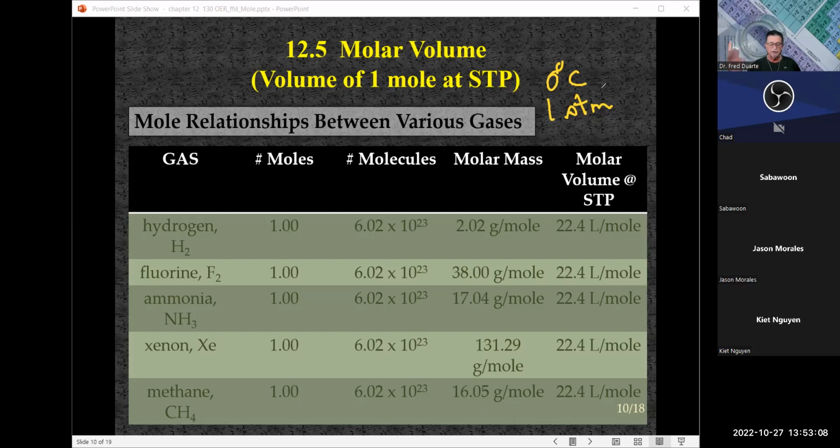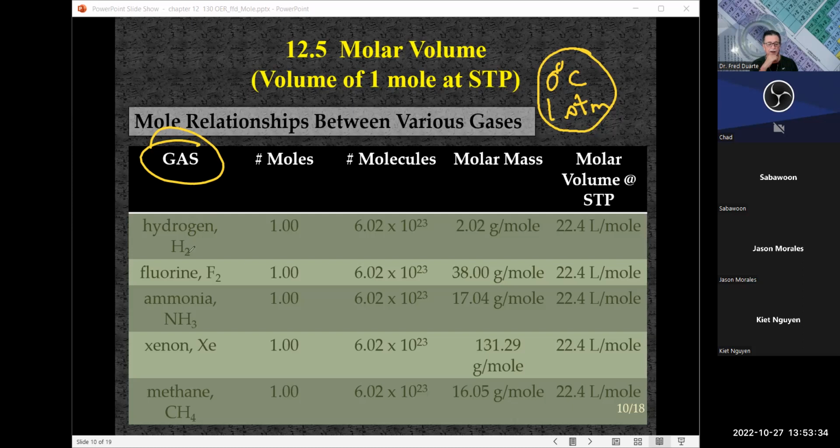All right, so at those temperatures, we have an interesting phenomenon, and this is as follows. 1 mole, and I can't overemphasize this, only pertains to gases, okay? And obviously only when you are at 0 degrees and 1 atmosphere, STP.